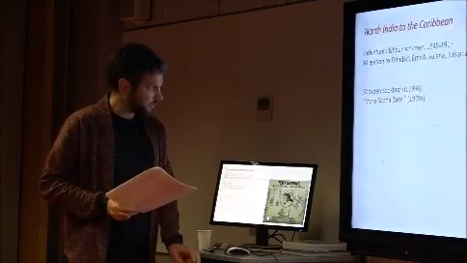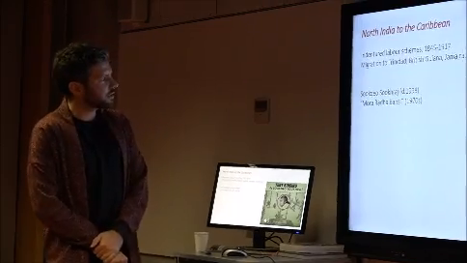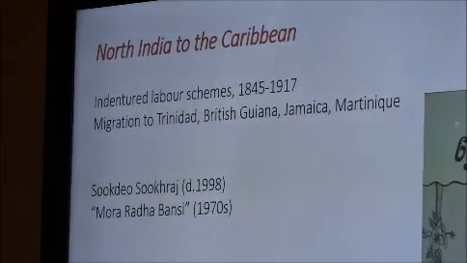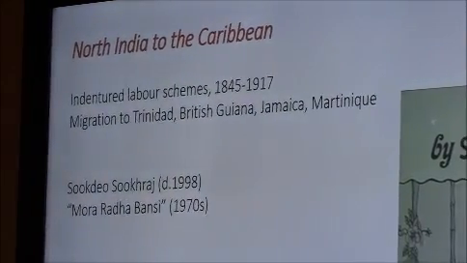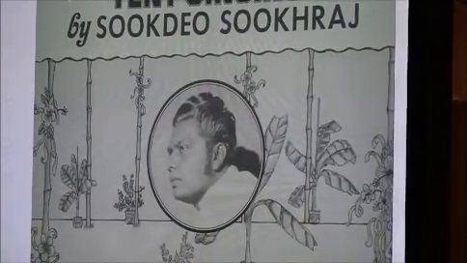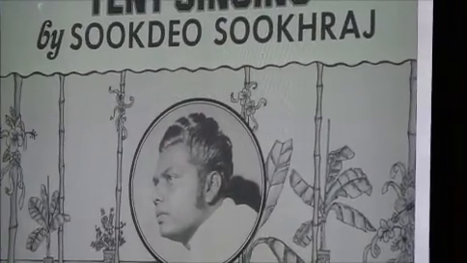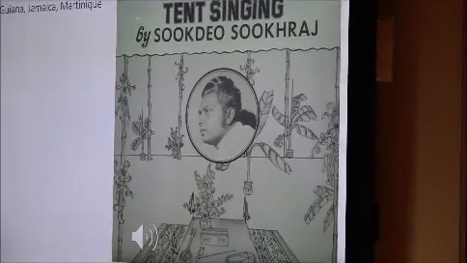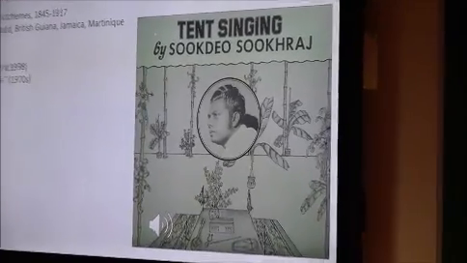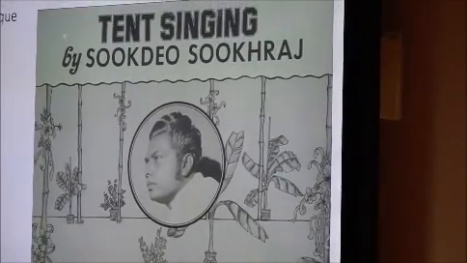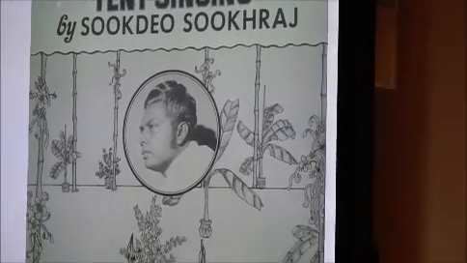And for this, we have to remember the forms of transference that happened through indentured labour schemes, particularly between 1845 and 1917, when lots of indentured labourers from northern and eastern India were taken to the Caribbean and settled in Trinidad, British Guiana, Jamaica and Martinique.